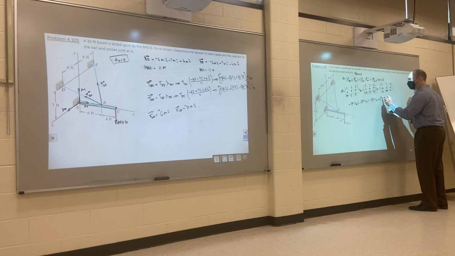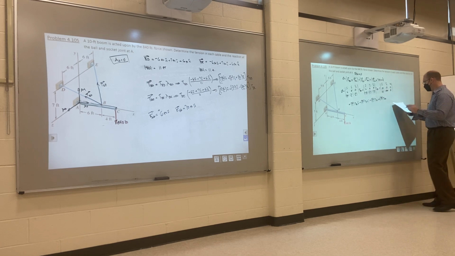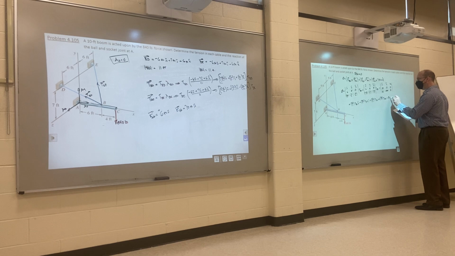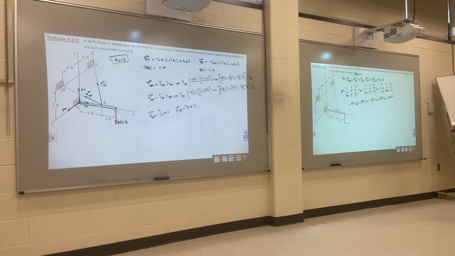So this should be 36/11 TBE, and then we've got the 840 pounds up there, or negative, I should say, negative 8,400 k hat, where these units are all in terms of foot-pounds.